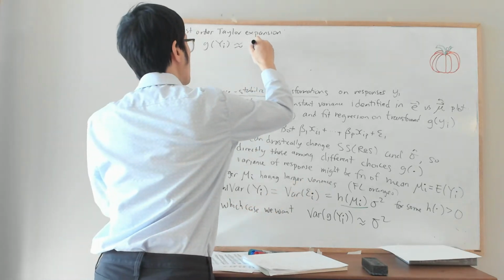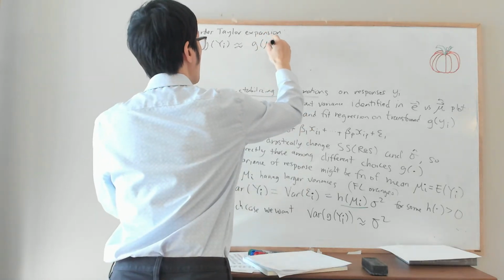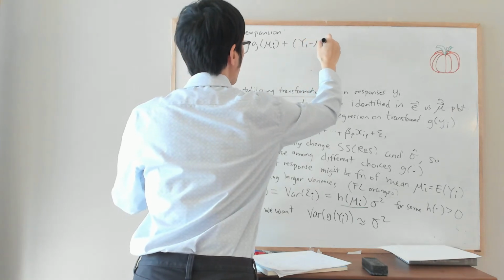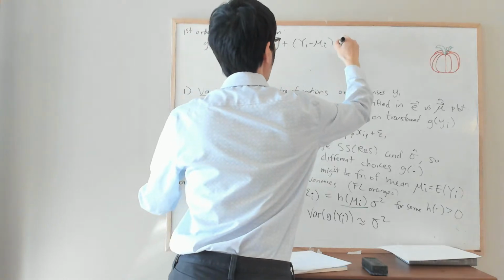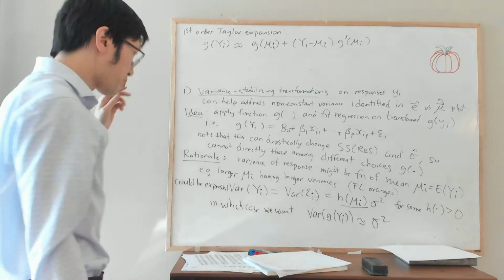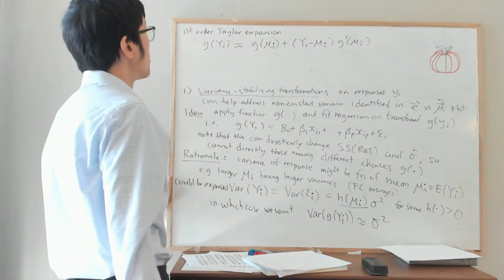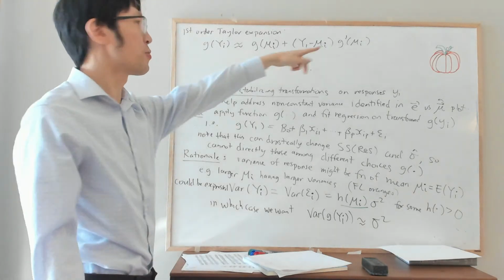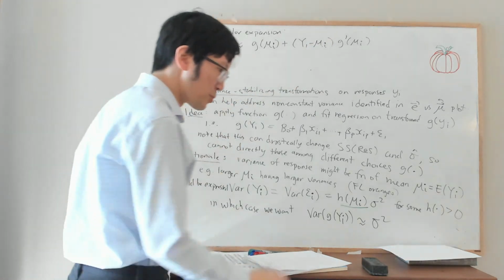We have g of mu i, plus the difference yi minus mu i times the first derivative, g prime of mu i. We're ignoring the higher order terms, which is why I'm calling this a first order expansion.